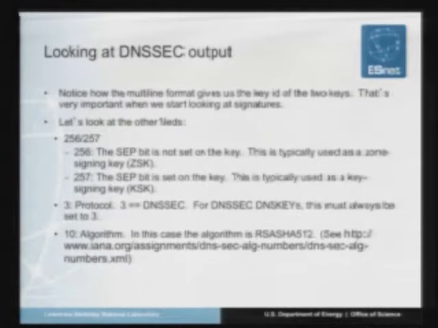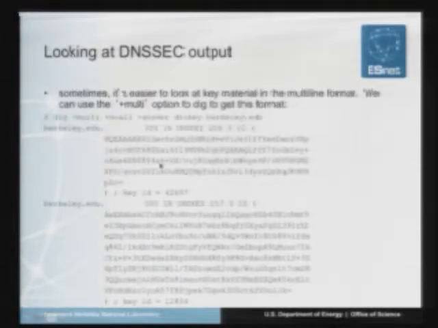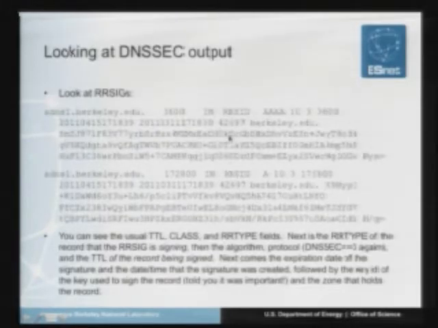So when we go back to the keys here, you can actually see it was this key, 42697, which is the ZSK. That actually makes some sense. 42697 is what signed these records. So we see the signatures matching the key that's at the top of the DNS zone, which we would actually expect.